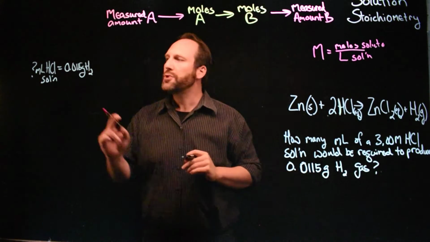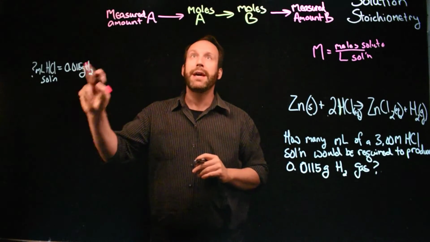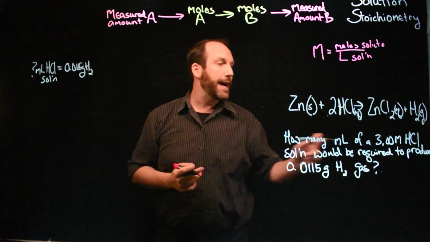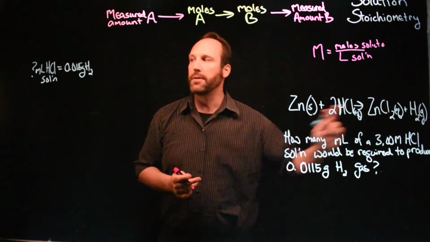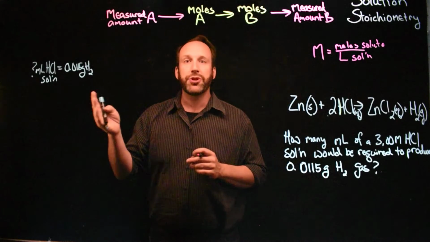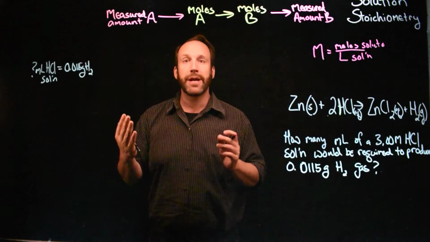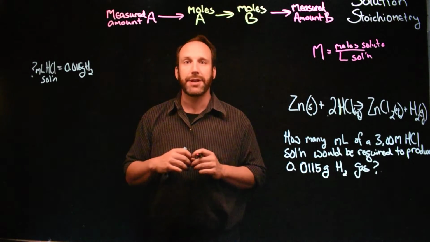And so our first step is going to be to go from this measured amount of hydrogen in grams into moles of hydrogen gas, moles of H2, okay? In order to go from grams of H2 into moles of H2, what we'll need is the periodic table, and we'll need molar mass of H2, okay?